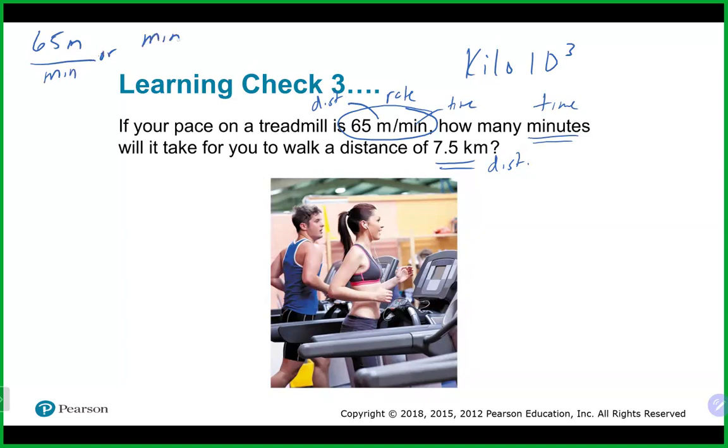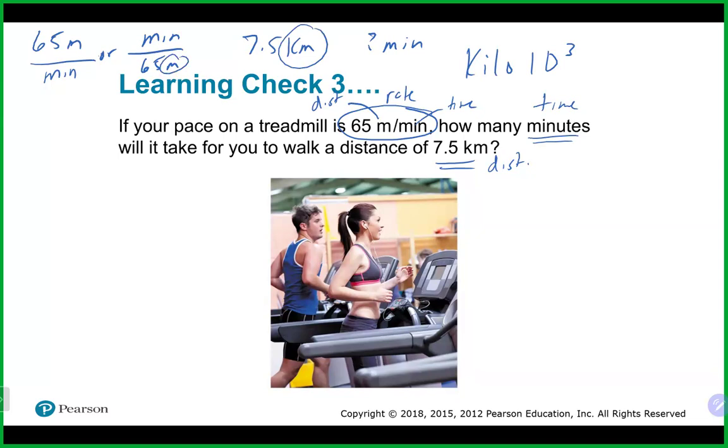Or in a minute, you could go 65 meters. We know we are going 7.5 kilometers. And again, we're looking for basically how many minutes to do that. Again, here we cannot use our conversion factor and our first number together because the distance or length unit is in different units, right? We have kilometers here and meters here.